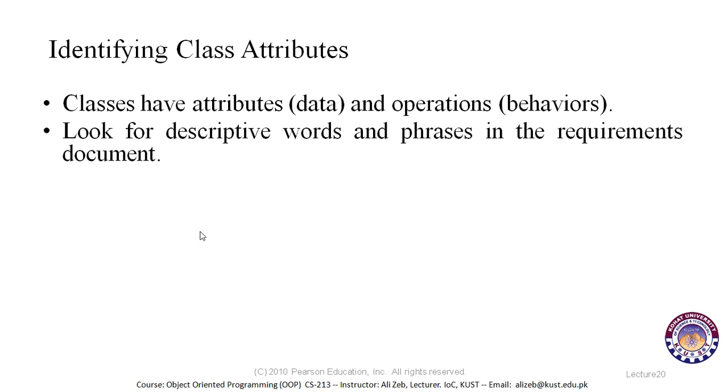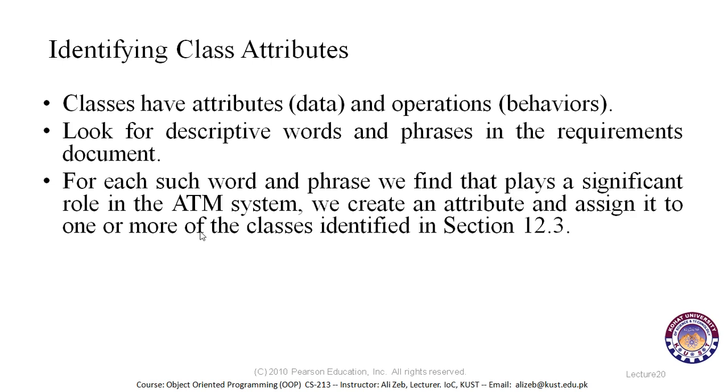And we can do this by looking for the descriptive words and phrases in the requirements document. For each word and phrase we find that plays a significant role in the ATM system, we create an attribute. So we pick important words from our requirements document that are important to any of the classes of our ATM system. We create an attribute and assign it to one or more of the classes identified in a previous section.